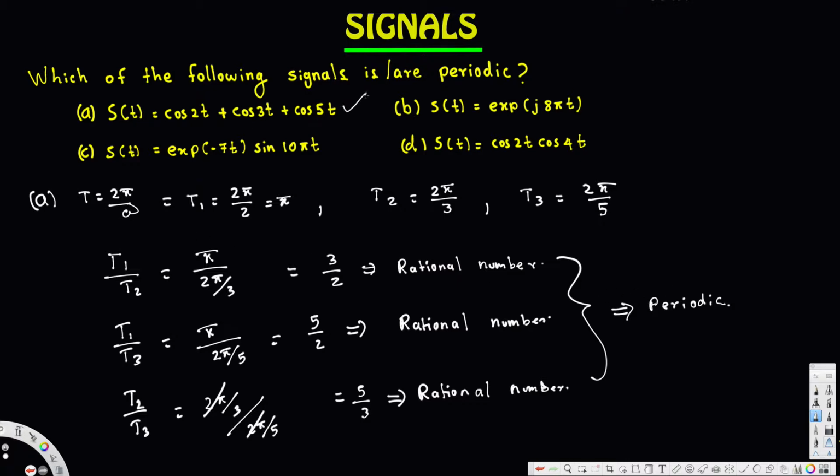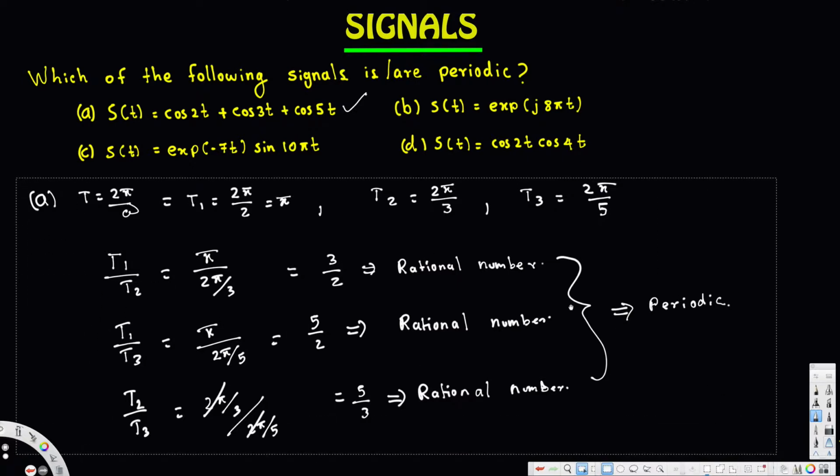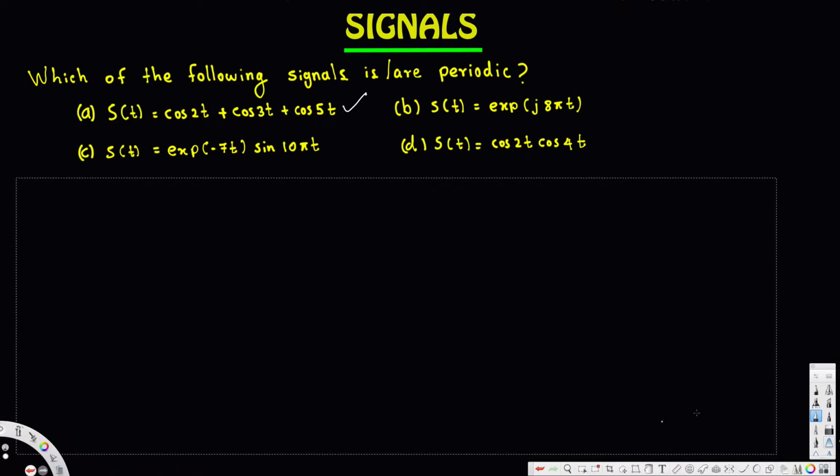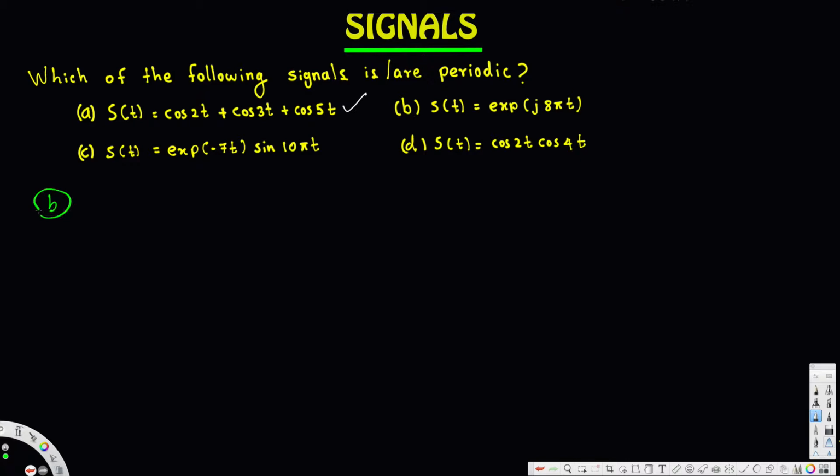So A is periodic. Now let's look at the B part. Option B is s of t equal to exponential j8π t, meaning e to the power j8π t.